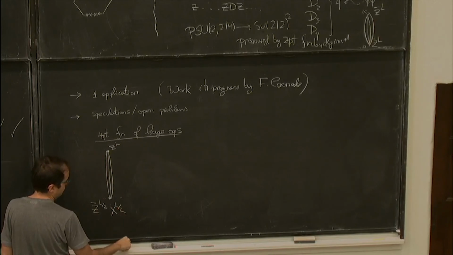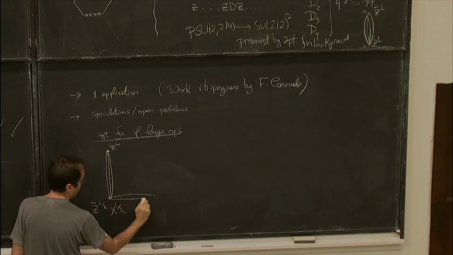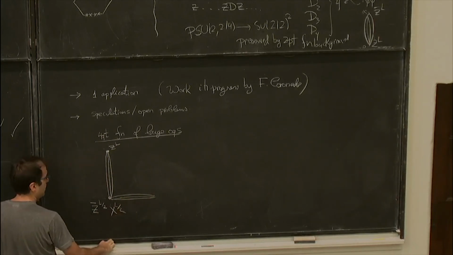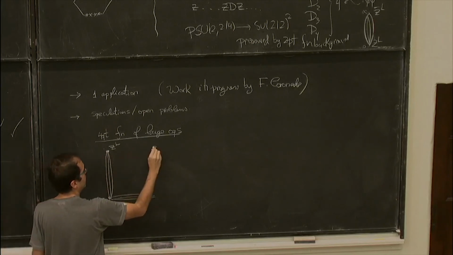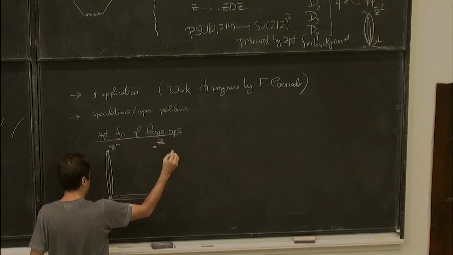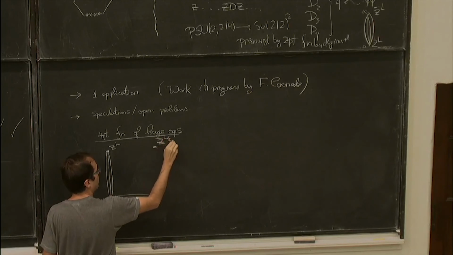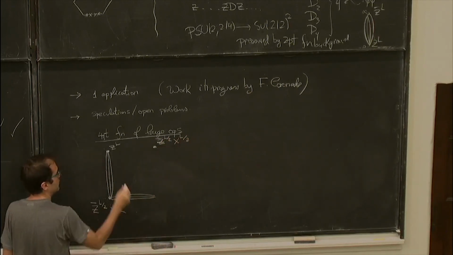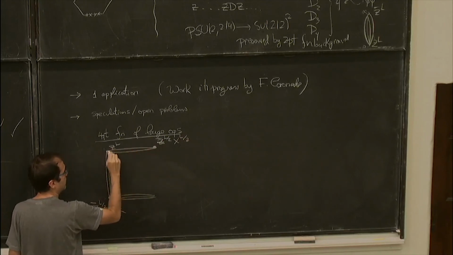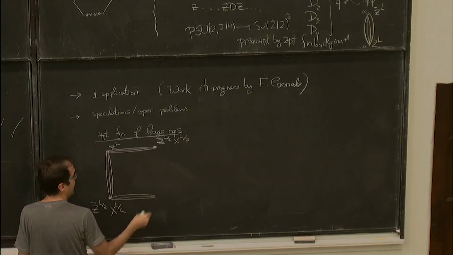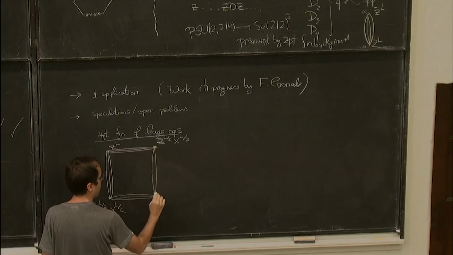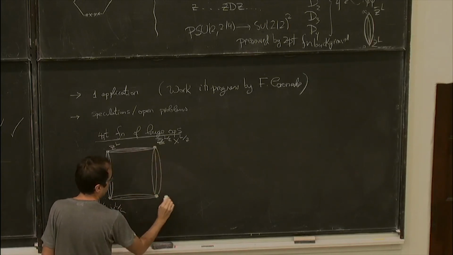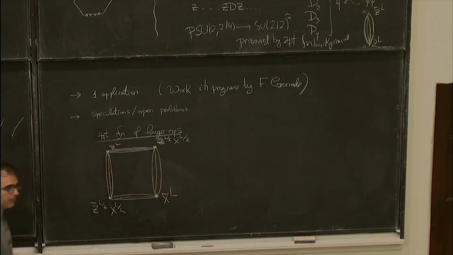So the x's, they connect somewhere else. This operator here will be also z bar to the L over 2 and x to the L over 2. So again, the remaining z's connect here and the x's connect here. So this operator would be just x bar to the L.